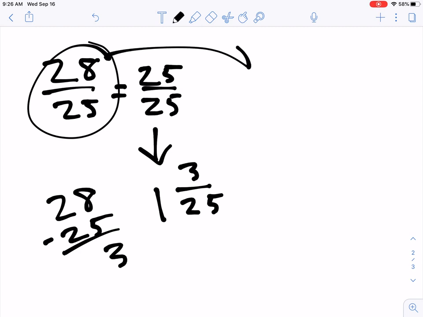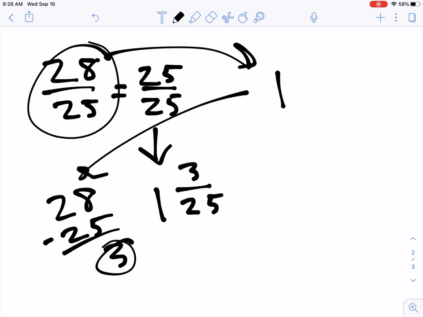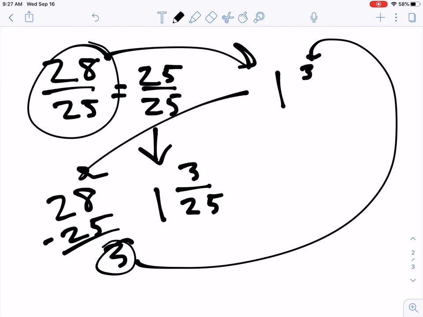The quick and easy way to do this is you see how many times 25 goes into 28. 25 will go into 28 one time, and then you subtract that number from 28, like we did over here, and that number goes on top, and then you have your 25ths.